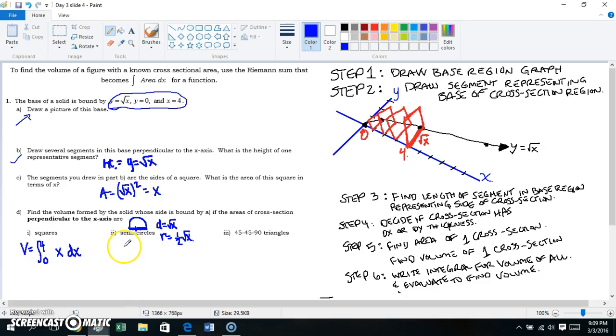The area of the semicircle is pi r squared times 1/2. Replacing r with 1/2 the square root of x, we're going to get pi eighths x as the area of one semicircle, with a dx thickness integrating from 0 to 4 will give us the volume.